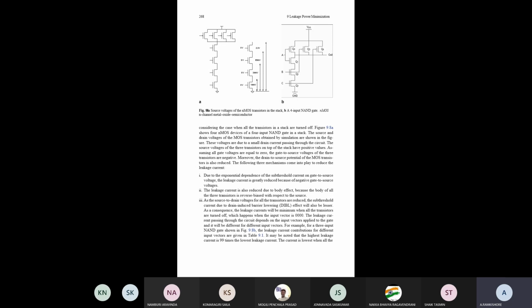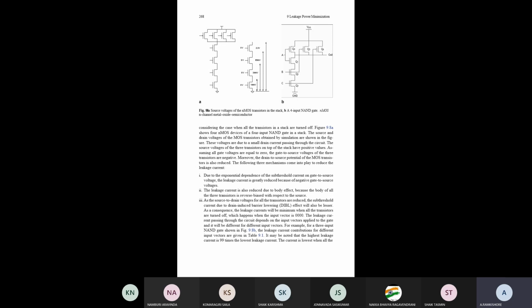By maintaining these techniques, we also reduce the leakage current with stacking of the transistors in any integrated circuit.